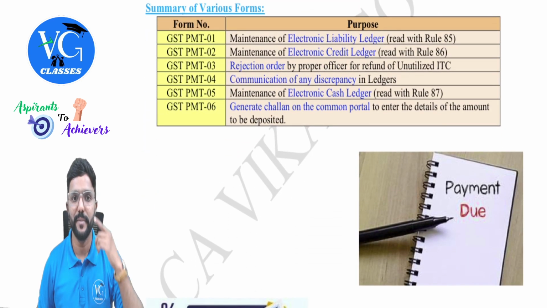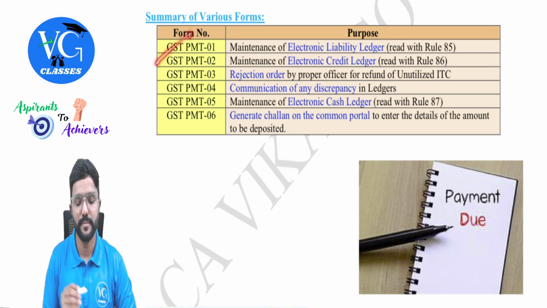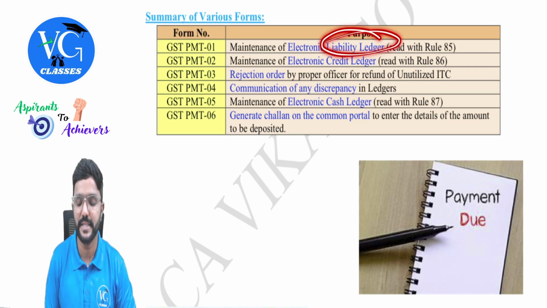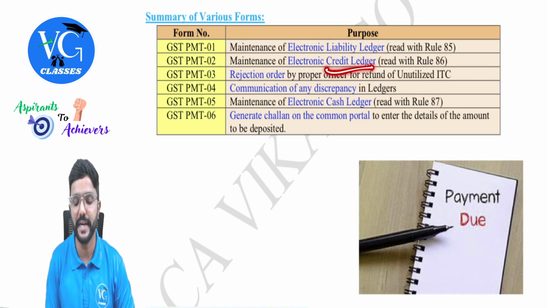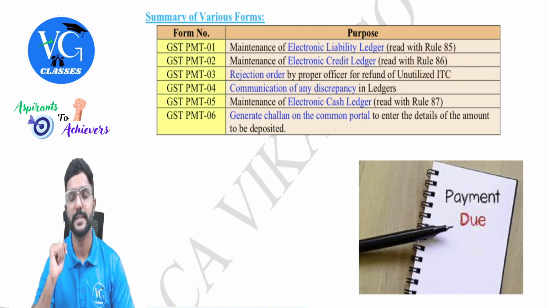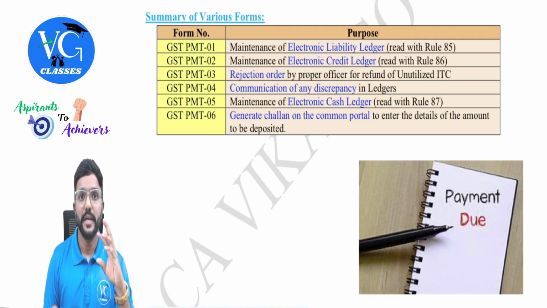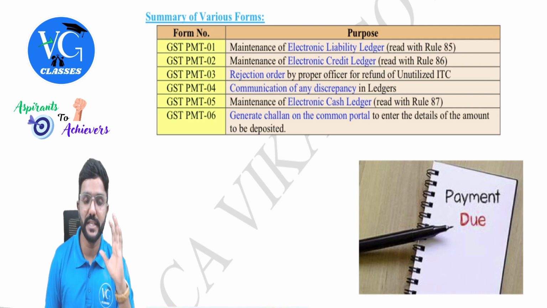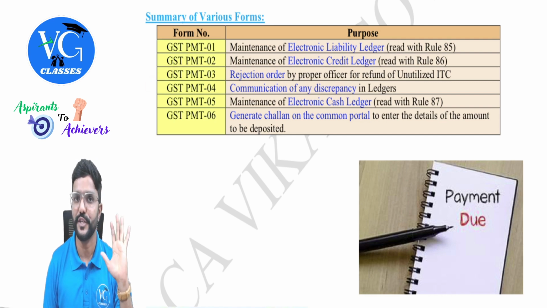So I have just given the summary of various forms here. GST PMT01, that is maintenance of electronic liability register, read with rule 85, and PMT02 is for maintaining credit ledger as per rule 86. Then PMT03, guys, whenever we have applied for any refund of unutilized ITC, if it is rejected, the rejection order will be passed in PMT03 by the proper officer.